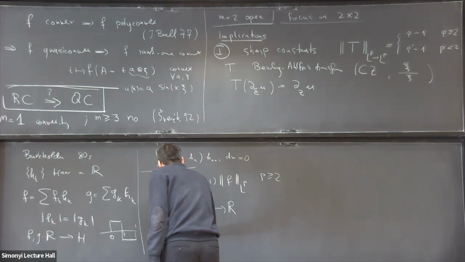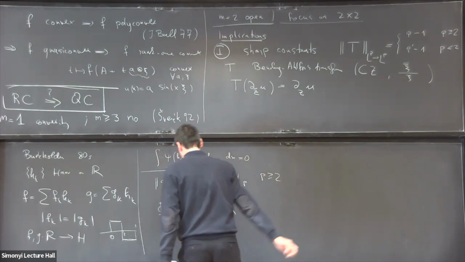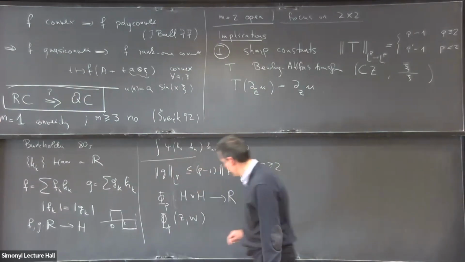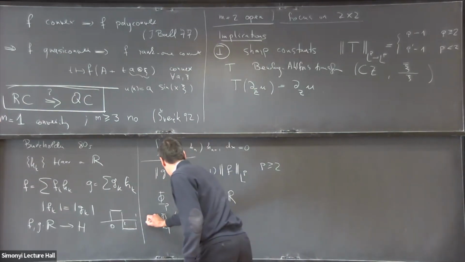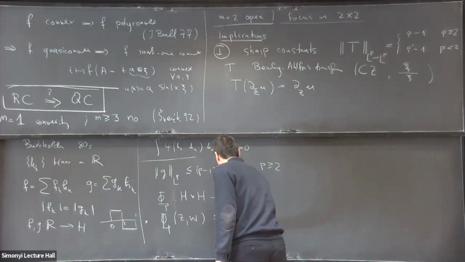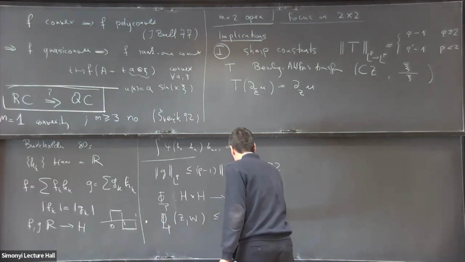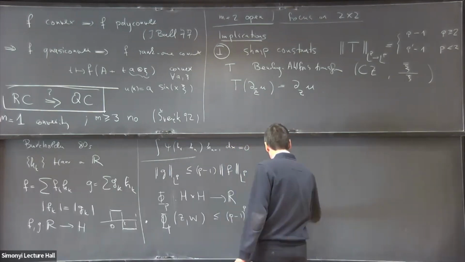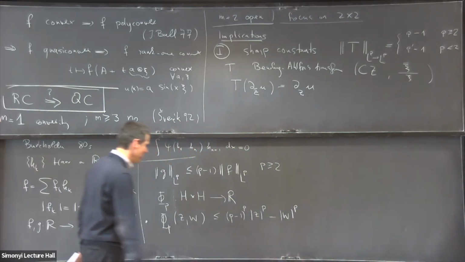Actually, let me just skip the definition of the function. Let me just say two properties of it. The first one is that it's less than or equal to (p-1) to the power p, times |z| to the power p, minus |w| to the power p.